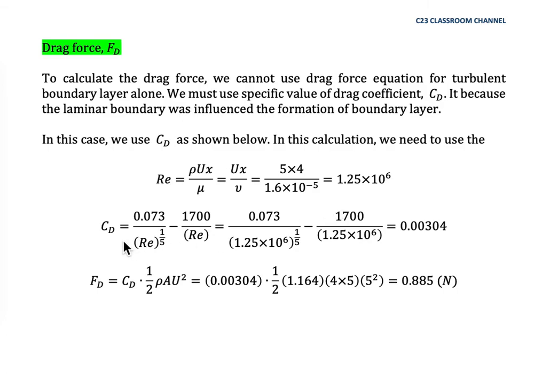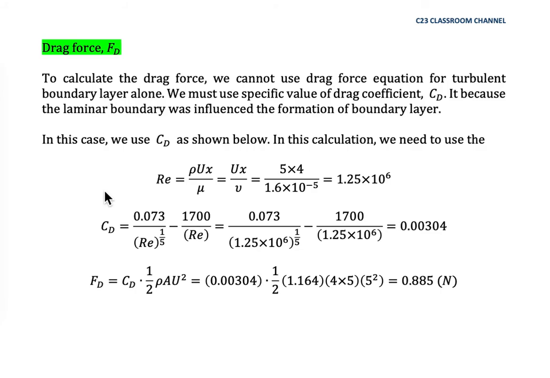Then we need to use a special CD before we could calculate the drag force. Why do we need to use a special drag coefficient here? Because we need a drag coefficient that included the influences of laminar and turbulent boundary layers.